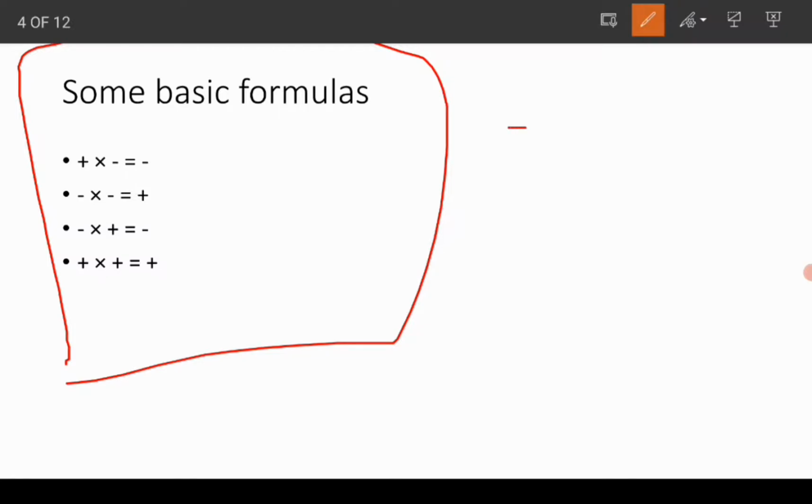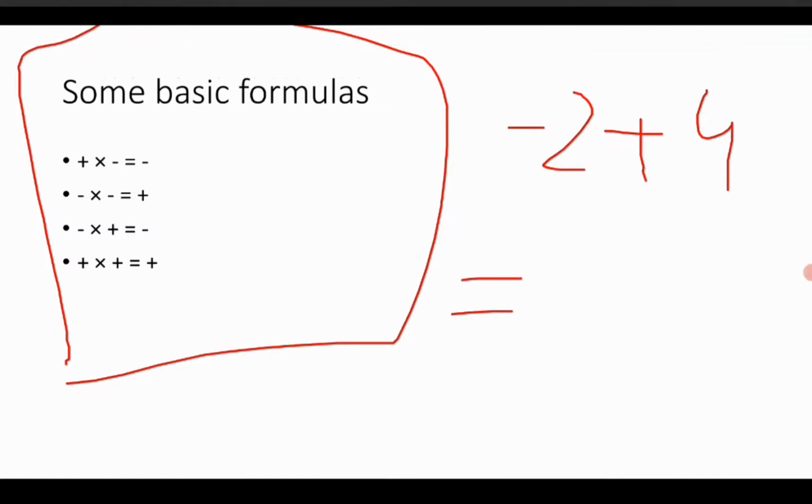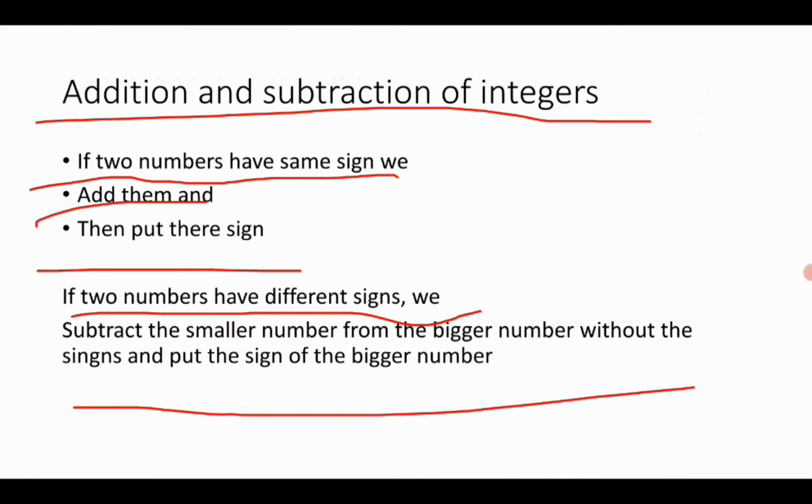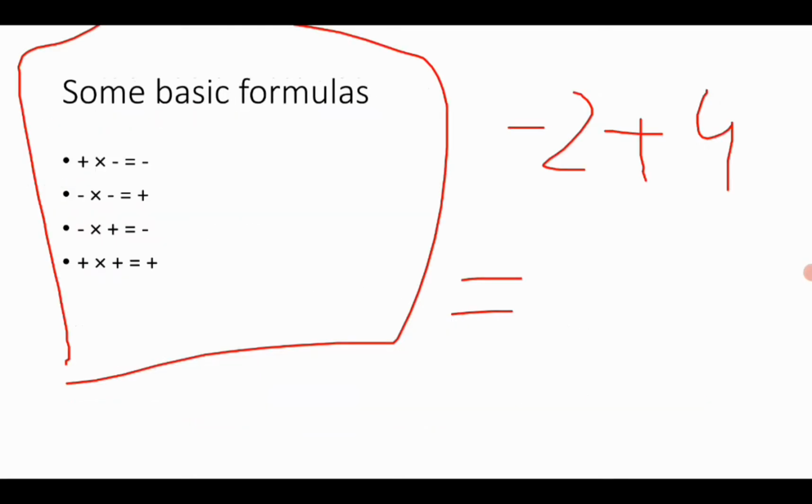Now someone tells you to add -2 and +4. How will you add? In the previous slide I told you, if two numbers have different signs, we subtract the smaller number from the bigger number.